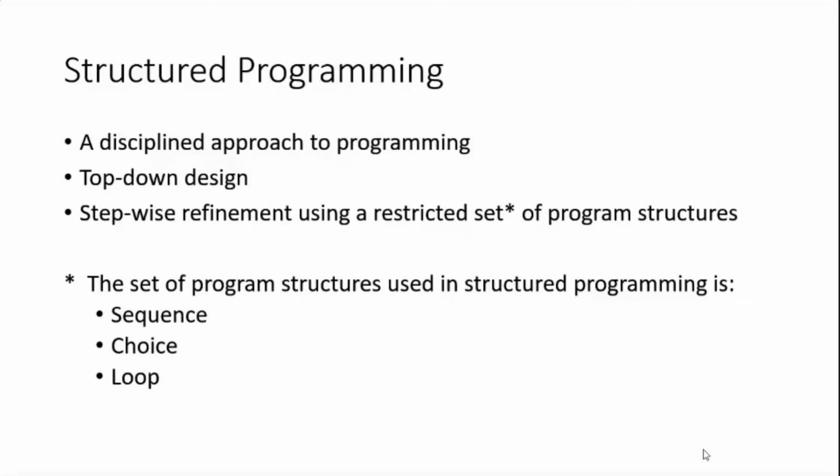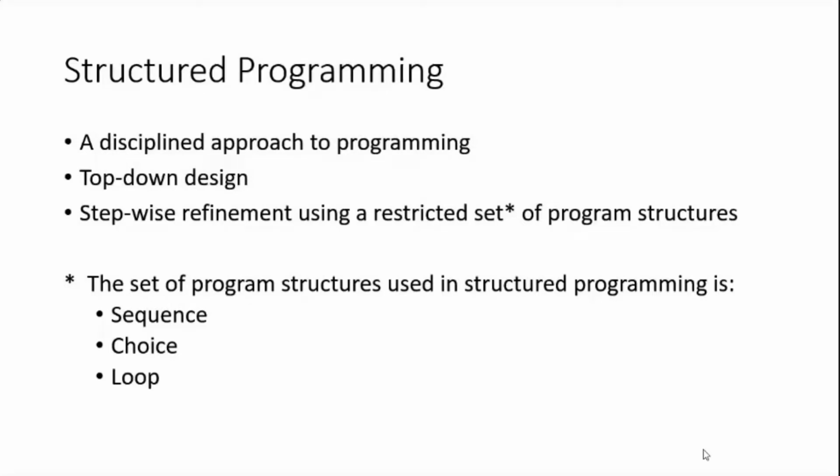And using only these three program structures, we refine the entire problem into small parts. That is, each larger problem will be solved using only these three program structures. And the program structures are sequence, choice, and loop.